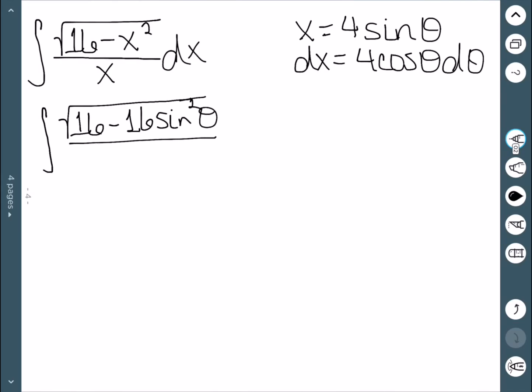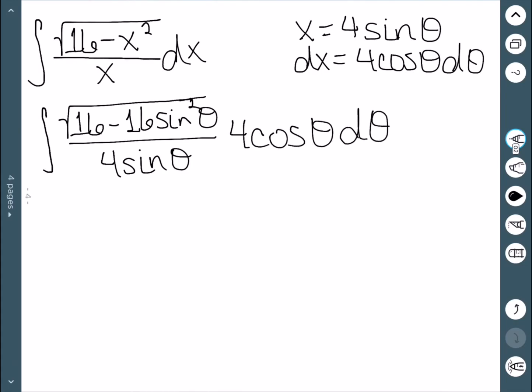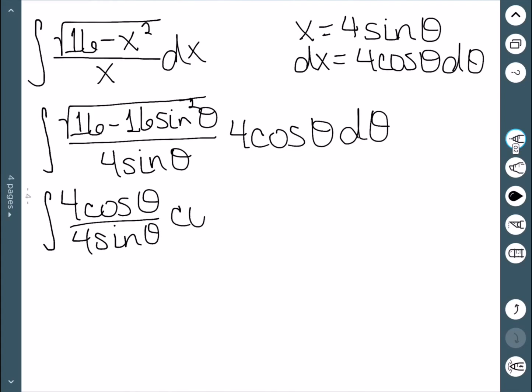The denominator is 4 sine theta. And then dx is 4 cosine theta d theta. Once we simplify the numerator, we get 4 cosine theta over 4 sine theta times 4 cosine theta d theta.